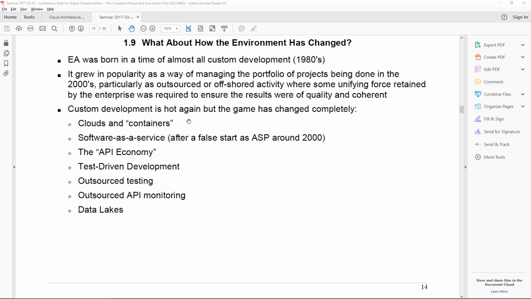We talked last session about clouds, containers, software as a service, web services, having APIs available. Outsourcing has been big. Some people are dipping their toes into test-driven development.